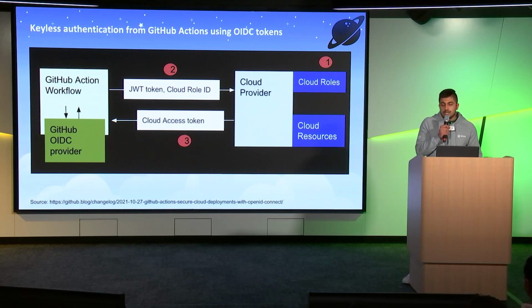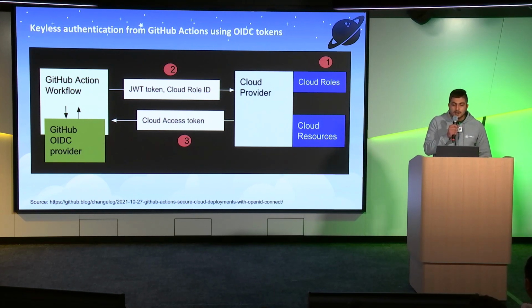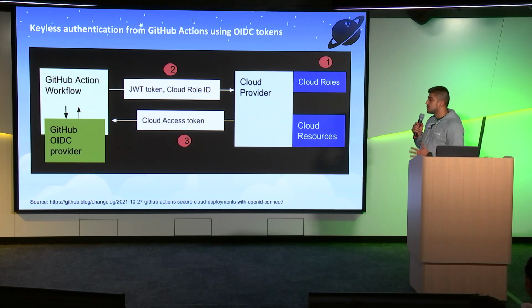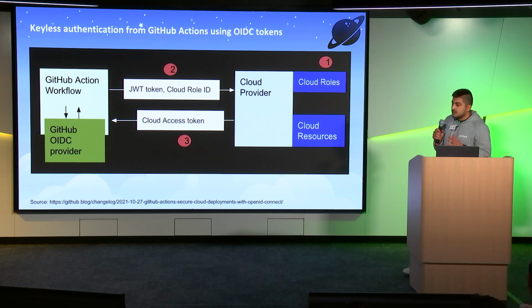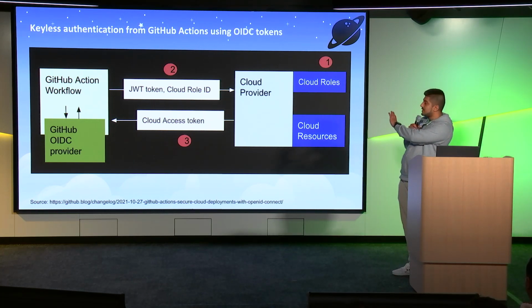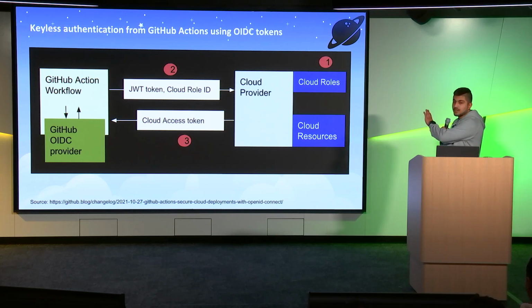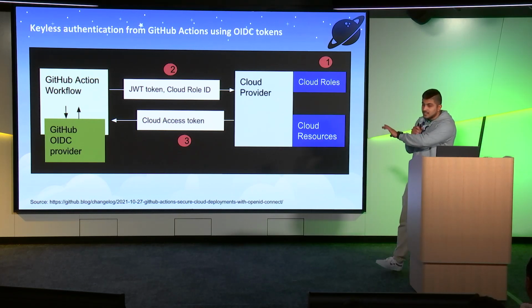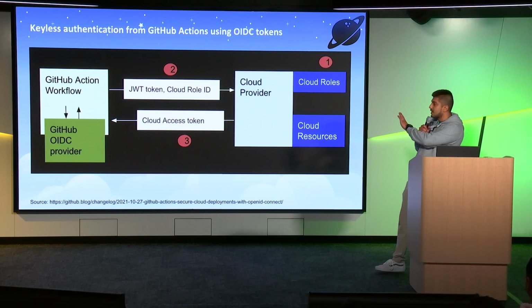Now let's look at how we can implement the same CI/CD architecture using short-lived OIDC tokens. We first create cloud roles, which trust GitHub's OIDC provider. Then every time the GitHub Actions workflow runs, GitHub's OIDC provider auto-generates an OIDC token, which is presented to the cloud provider. The cloud provider then validates that token and sends back a federated cloud access token, which is then used by the workflow to interact with Google Cloud services.